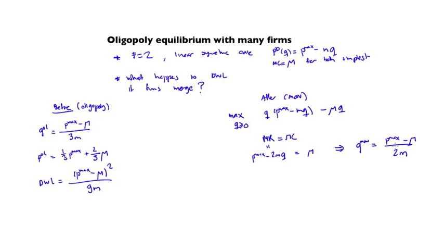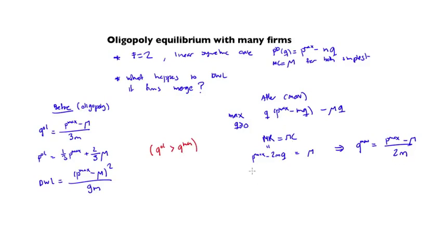So we already get the first insight when we compare: the total quantity of the oligopoly is 2/3 of (P max minus mu) divided by m, which is greater than the quantity of the monopoly. Notice that the quantity of the oligopoly is greater than the quantity of the monopolist. We can also easily compute the price by substituting back in the inverse demand function.